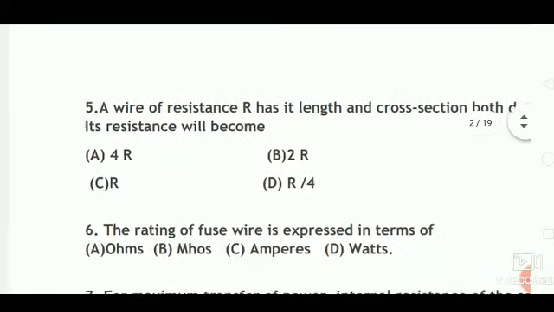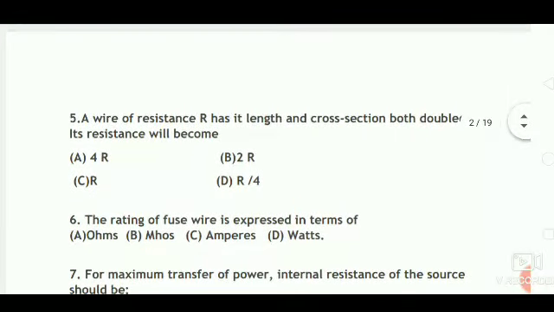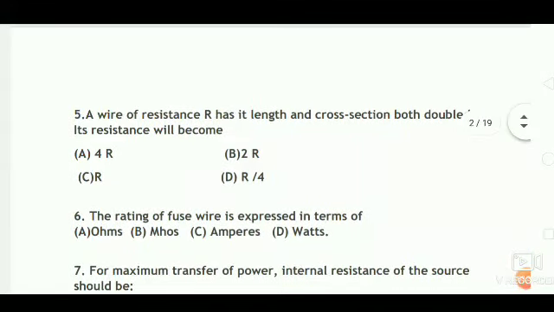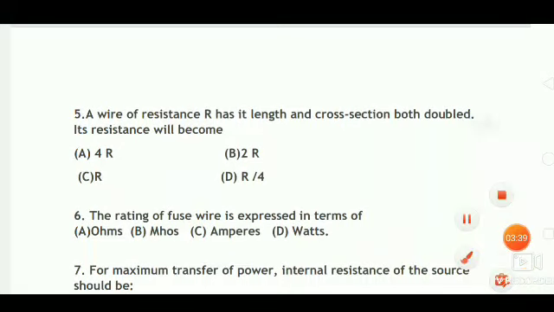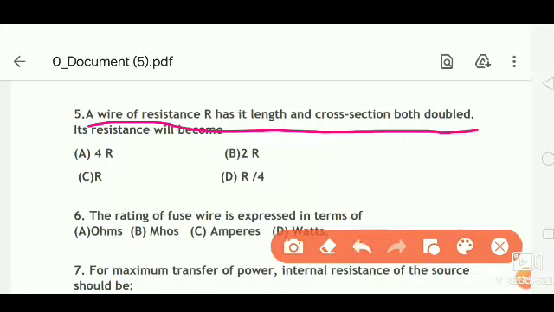The fifth question is: a wire of resistance R has its length and cross-section area doubled. What will its resistance be?